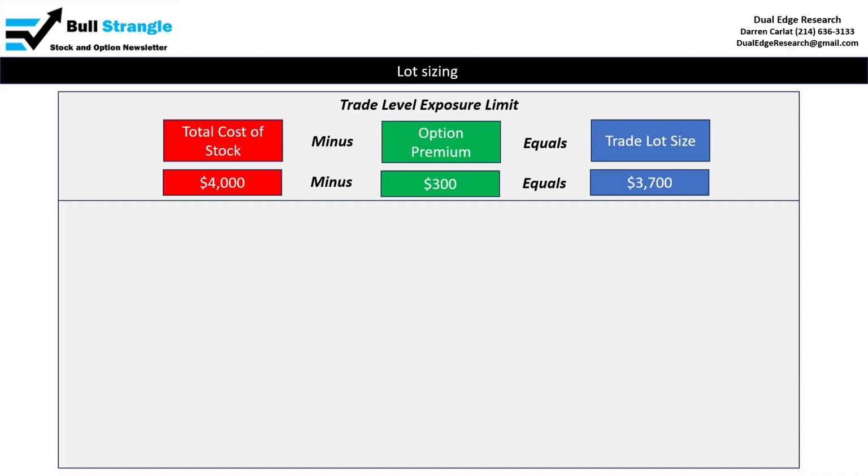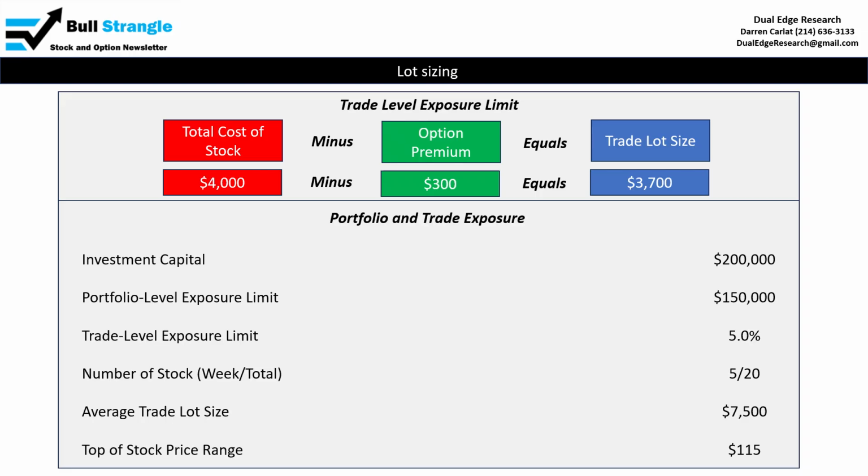This could be 100 shares of a $40 stock, or 200 shares of a $20 stock, any combination that gets you to $4,000. Assuming about a 7.5% total option premium, which is about average, that would be about a $300 option premium, which then makes my trade lot size $3,700.